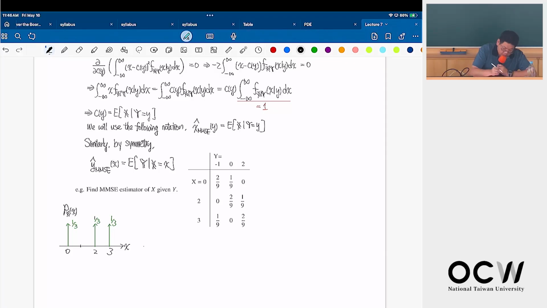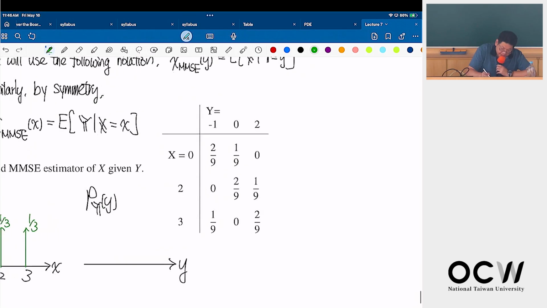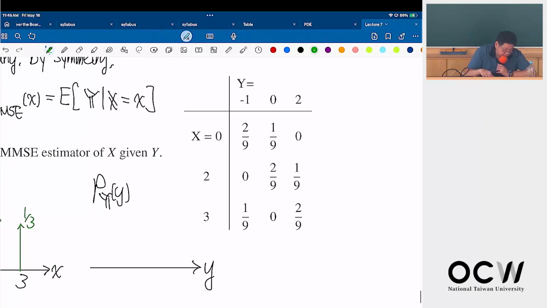And we can also plot the marginal PMF of Y. My values of Y are at -1, 0, and 2, and they are also all 1/3.